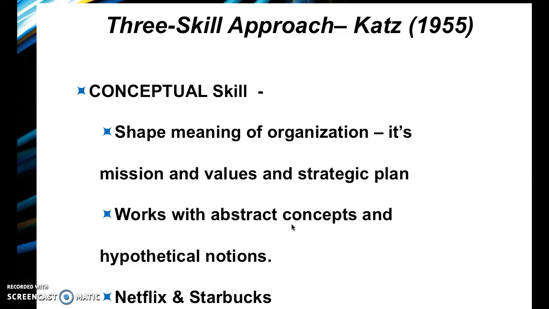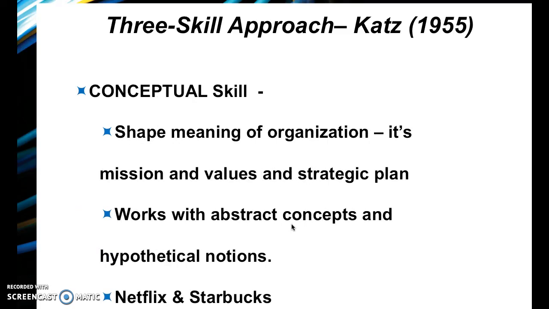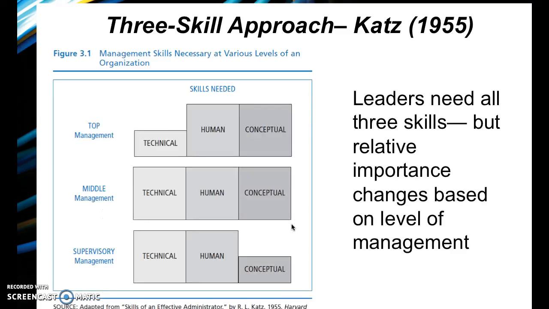So all three of those skills, while different, are a vital part of the skills approach: the technical skill, the human skill, and the conceptual skill. And what Katz argued was that depending on your level of management, so for example, at entry level, you may have high technical, high human, but the big picture conceptual skill may not be there as much, as this is focused on the hows and the to-dos and the steps.